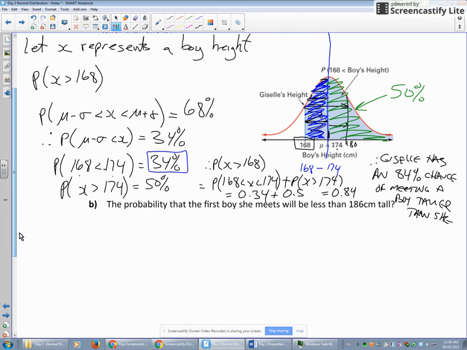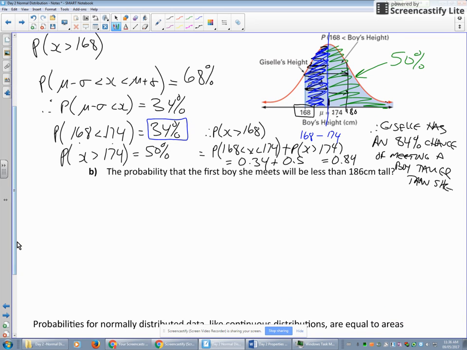And now we want to know what's the probability that the first boy she meets will be less than 186 centimeters tall. Okay, 186, is that a significant number? I'm looking at my normal distribution, and I know that my mean is 174. 186 is above it, so I know that one standard deviation is 180, two standard deviations is 186. Oh, look at that. It's another special number. What we're asking here is we're talking about being within two standard deviations.